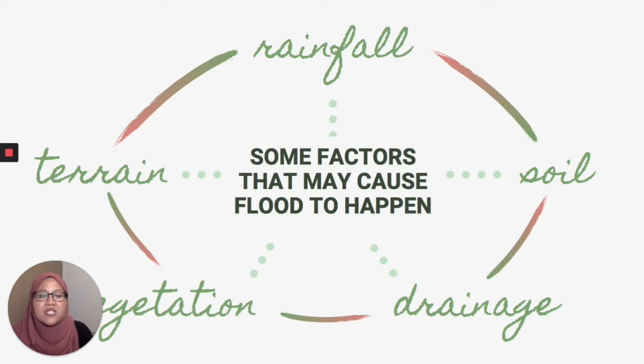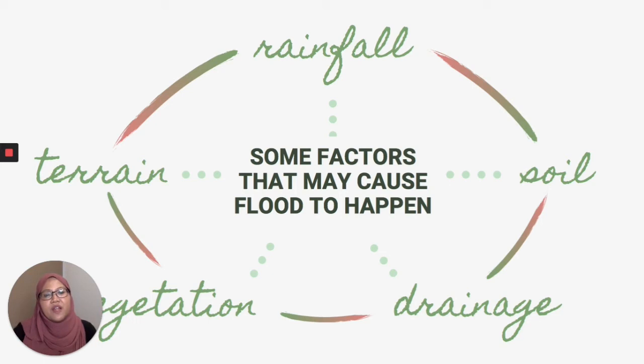If a place has a lot of vegetation, the vegetation might absorb some of the surface water runoff and slow it down. However, if a place does not have a lot of vegetation or land cover, the rainfall may keep flowing or eventually become stagnant in a place and cause flood to happen.